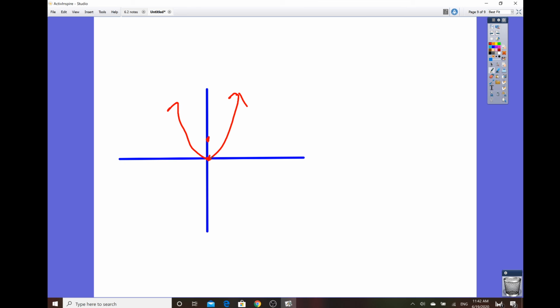Here's the focus, here's the vertex, and then the directrix is just like a dotted line here, like a balanced beam, supposed to be straight. As you can see here, it's the same distance. The distances here are exactly the same.